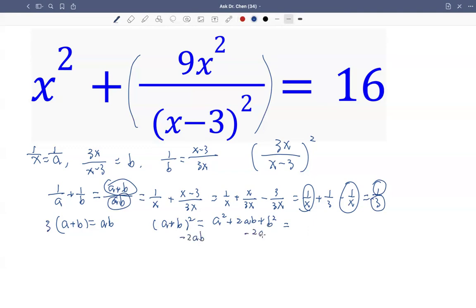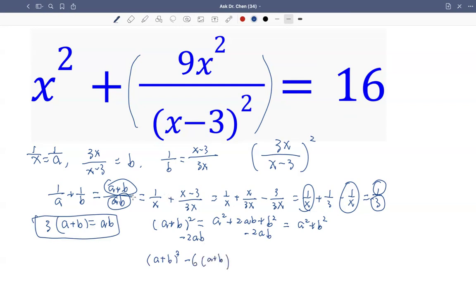So we get A squared plus B squared. And because minus 2AB is just minus 6 times (A plus B), we can write it as (A plus B) squared minus 6 times (A plus B), because we have this relation. This is important for us.